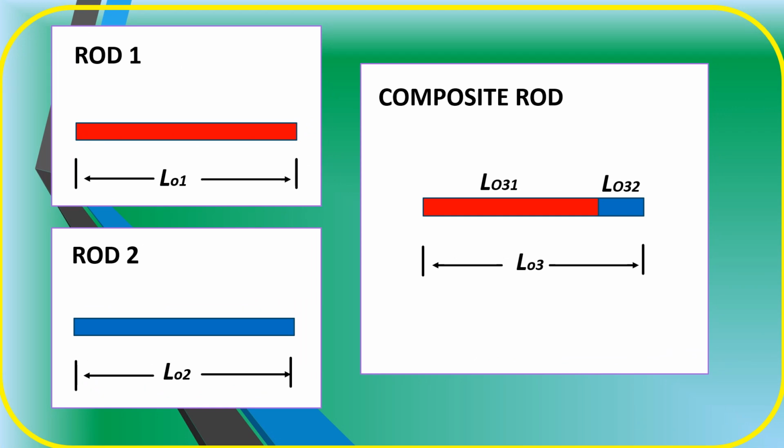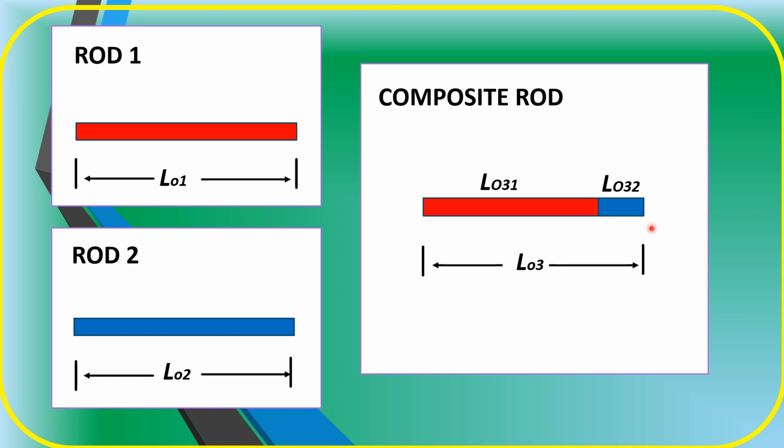As shown in this illustration, the composite rod is actually made up of the two rods, rod 1 and rod 2, connected end to end. So the resulting composite rod has the same initial length labeled here as L sub naught 3. But as you will notice, the portion of rod 1 is longer than the portion for rod 2.